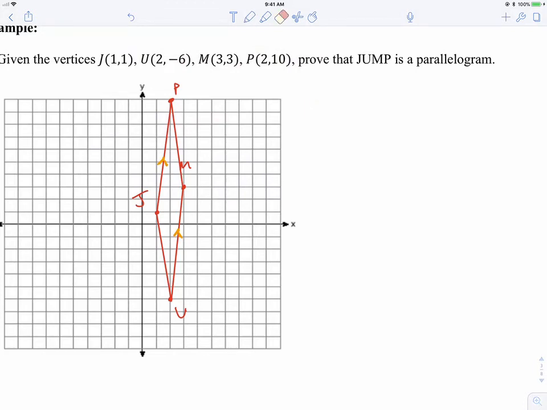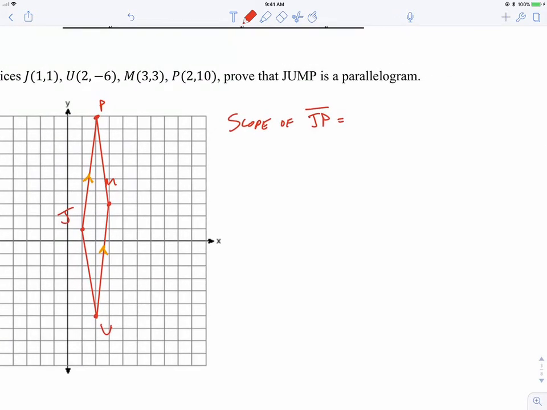The slope of line segment JP, using the points J and P: J is 1, 1. P is 2, 10. I go Y minus Y over X minus X. I get 9 over 1. I do want to reduce my slopes, so I get a slope of 9 for JP.